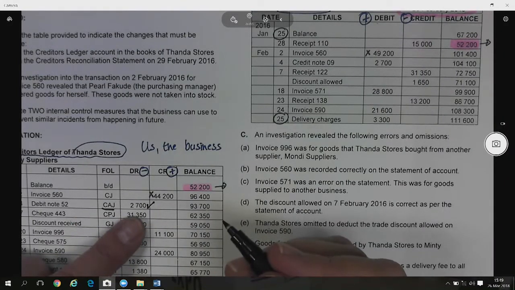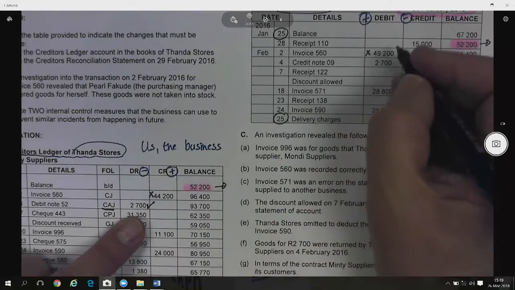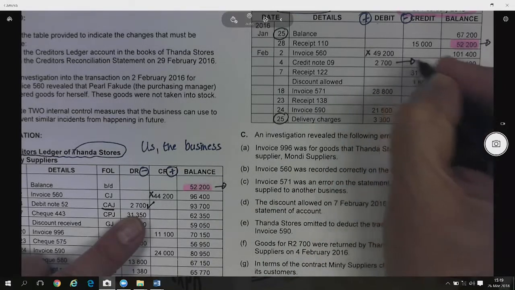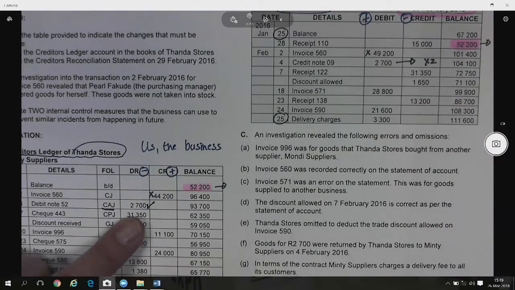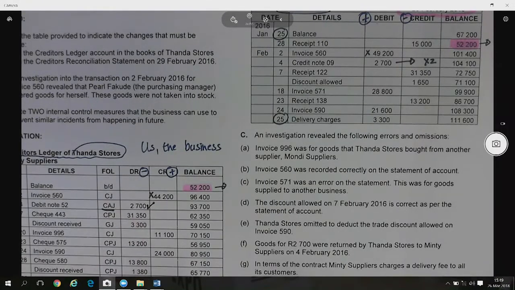It is on the minus side, and that one is wrong, so that one must move to that side. And remember, if it's on the wrong side and it must move, then you times it by 2, because the first 2,700 on the credit side will just cancel out the 2,700 on the debit side, and the second one will put it on the minus side.